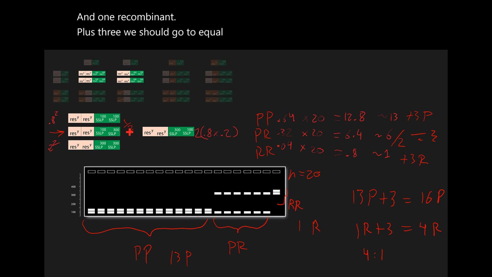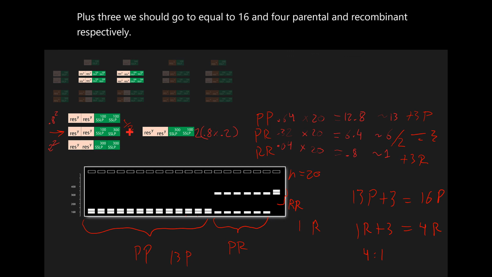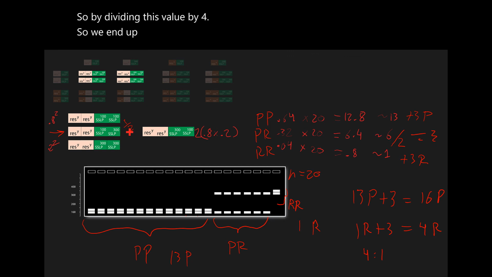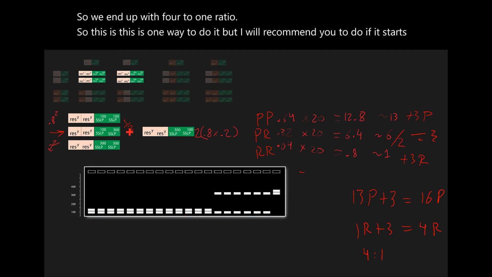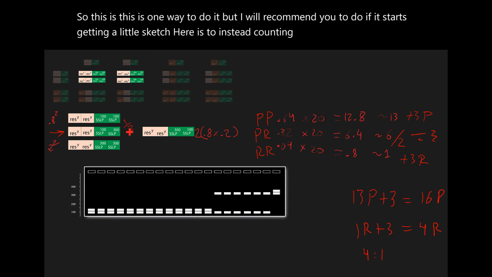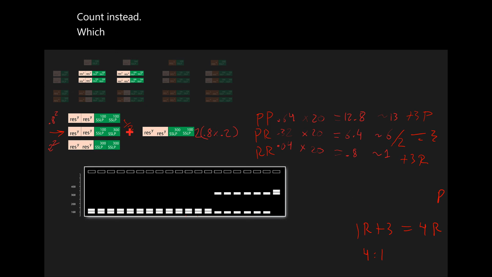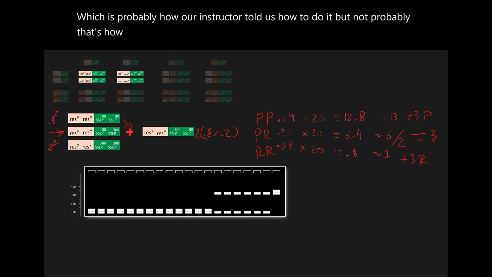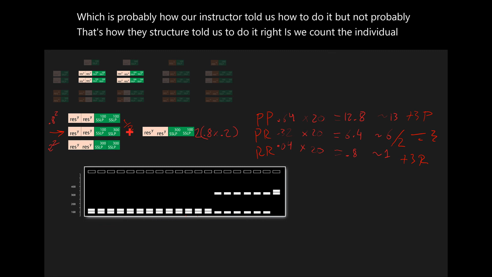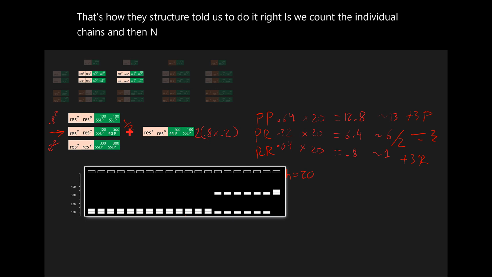What I would recommend you do, if it starts getting a little sketchier, is to count chromosomes instead of counting individuals, which is how our instructor told us to do it. We count the individual genes: n equals 20, but the total number of genes in this gel is 40, right?